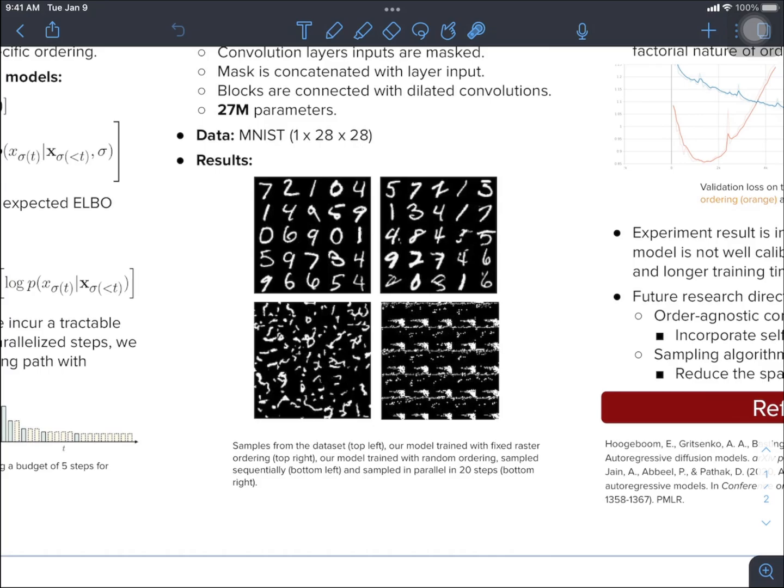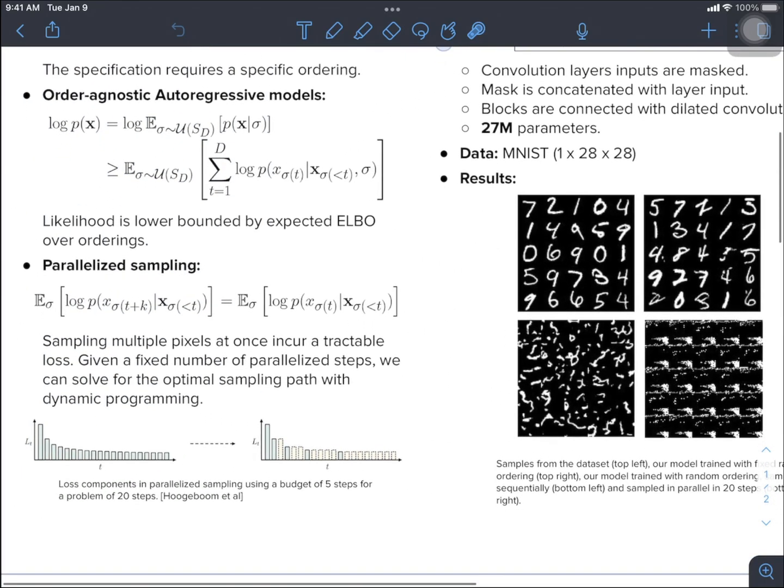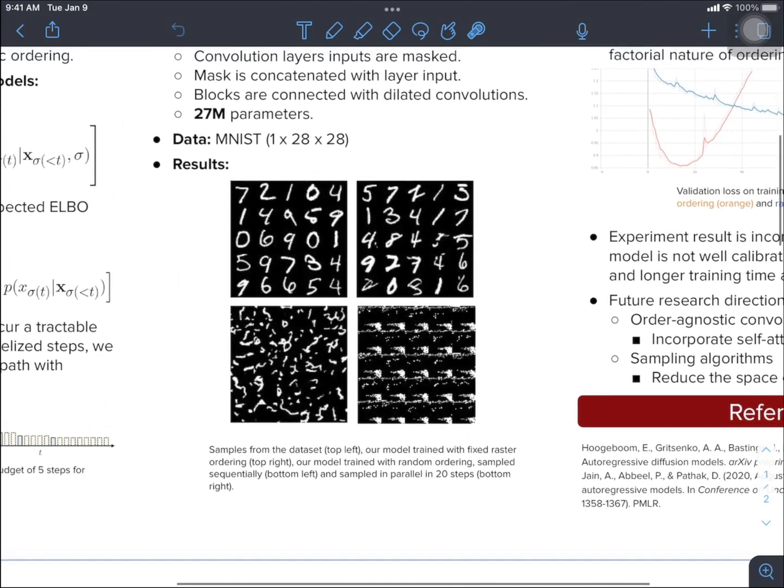The problem with this is that the parallel sampling technique depends on the fact that the model is high quality, well calibrated, and has learned the data distribution given any ordering.